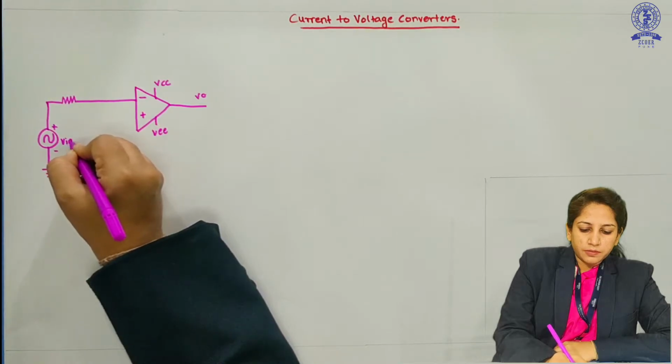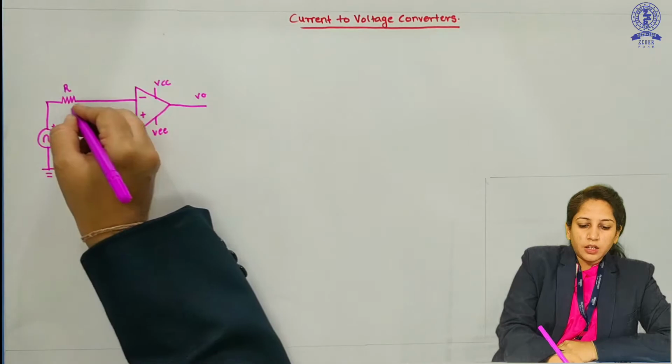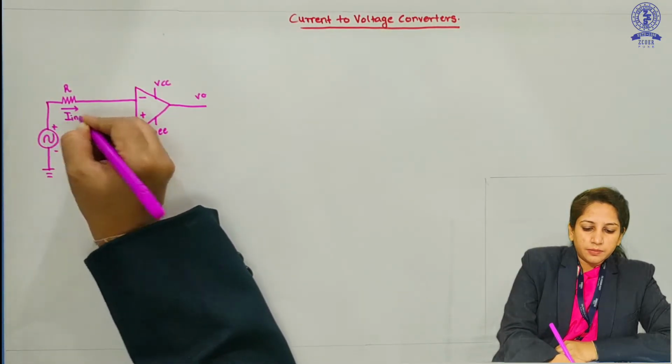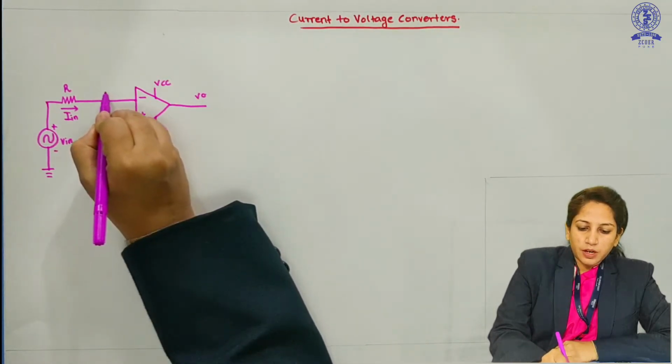This is V in, this is resistance R. Current flowing through this arm will be, suppose, I in. Also I will provide a feedback resistance RF.